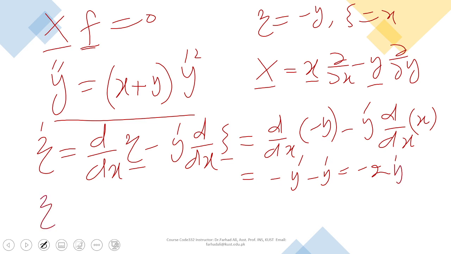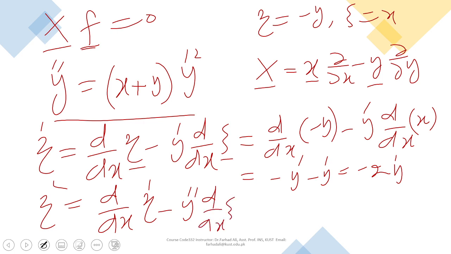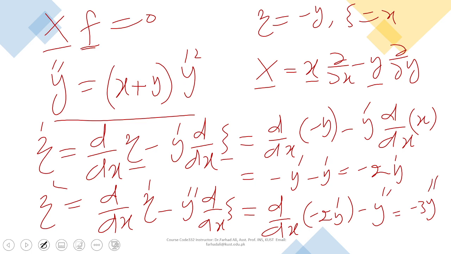Now eta 2 is d by dx of eta 1 minus y double dash d by dx of xi, and so it will give me d by dx of minus 2y dash minus y double dash, so that gives me minus 3y double dash.